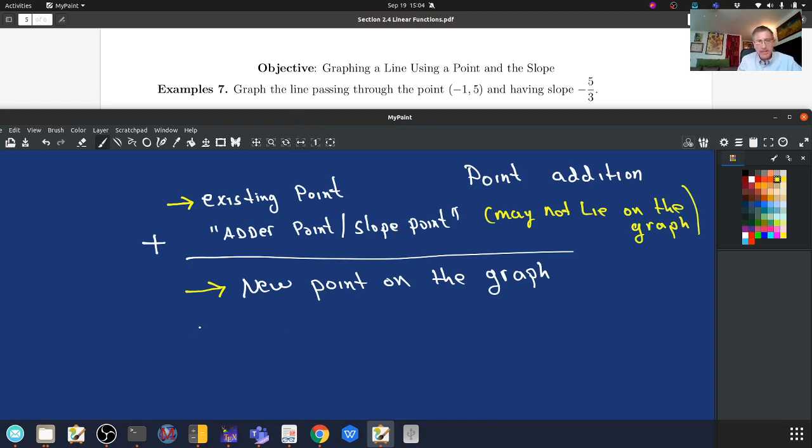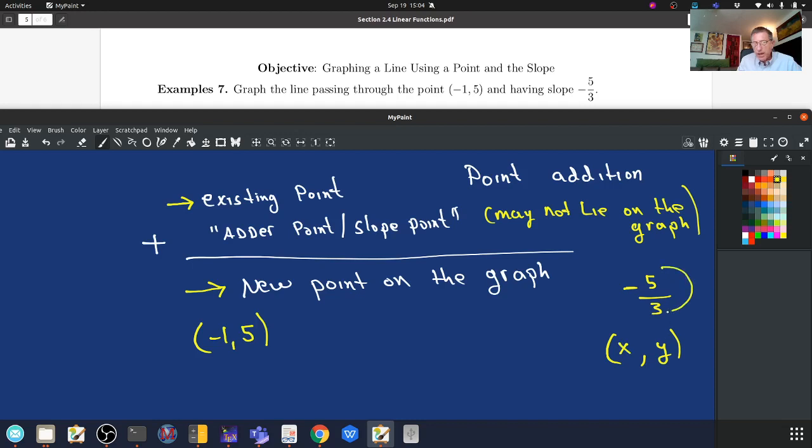So what is all of this? So here we have the existing point. It's -1 and 5. How do I get my adder point? It's the slope point. So this is the delta y and the delta x.